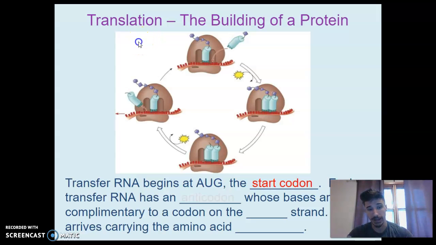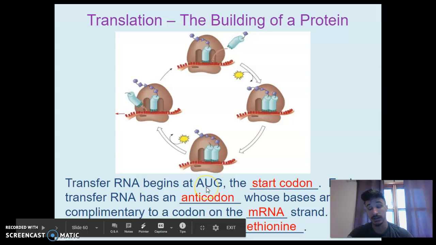Each transfer RNA has an anticodon whose bases are complementary to the codon on the mRNA strand. A tRNA arrives carrying that amino acid that corresponds to the codon on mRNA. Specifically, AUG's amino acid is methionine.